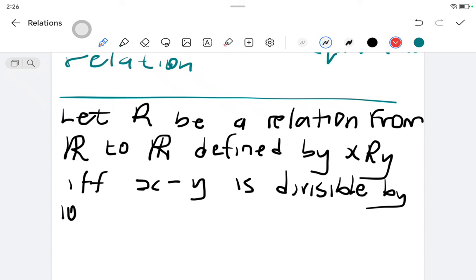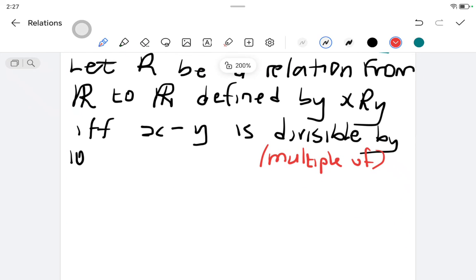The word divisible can also mean multiple of. It can be a multiple of 10 or divisible by 10. So this is how the definition is.